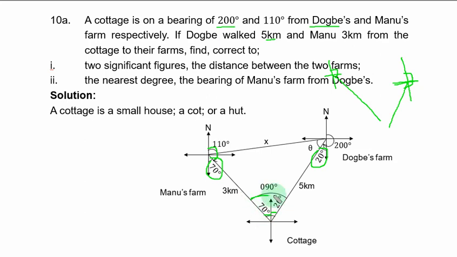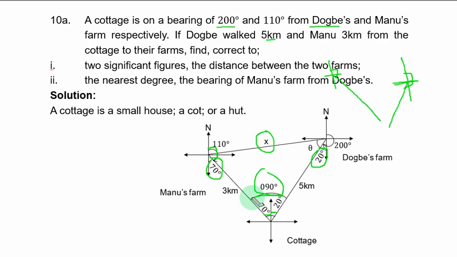If you add the two angles, you have 90 degrees. Now the distance between the two farms is represented by S, and because one of the angles is 90 degrees, we have a right angled triangle. So you can find S, the side that is facing the right angle, using Pythagoras theorem.